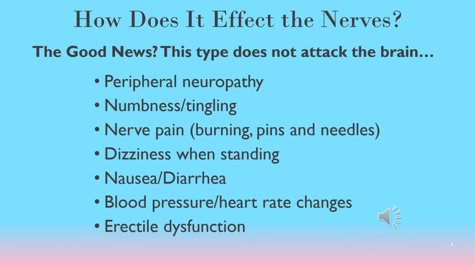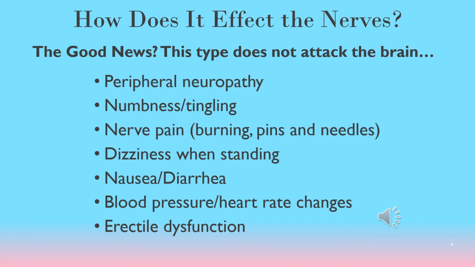And then it also affects blood pressure. When you start having problems with your kidneys, it affects your blood pressure. When you start having problems with your dizziness, it's most likely blood pressure or heart rate change related. And those things go hand in hand with this type of illness, with the amyloidosis. It can also cause erectile dysfunction.